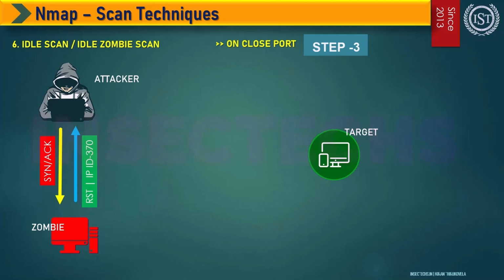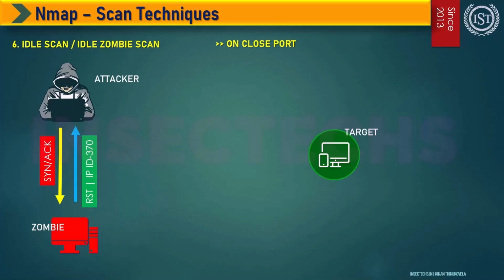In the case of the open port, this reset, sent the second time when he sent a SYN-ACK to the zombie, had IP ID 371. So the attacker can calculate that the port was open. But since now he sees that the IP ID value is incremented by only 1, from 369 to 370, he comes to the conclusion that the port is closed on the target machine.